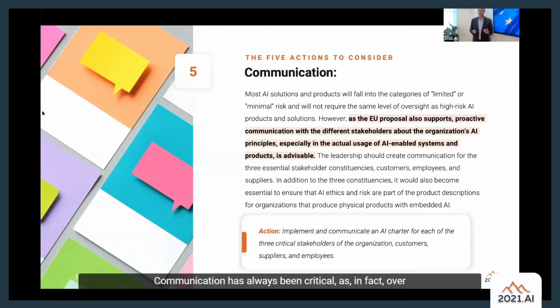Communication has always been critical, and over the course of the last 18 months has shown itself to be really vital to informing people about what goes on in the organization.